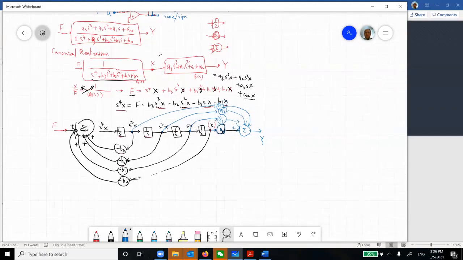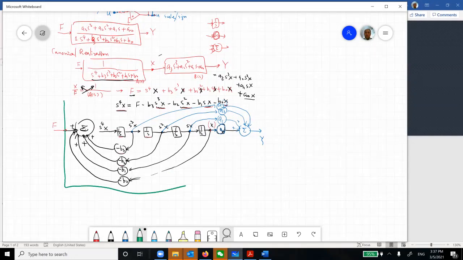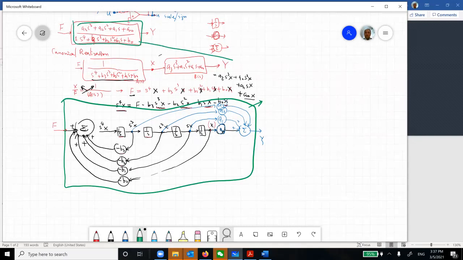Basically, later you can insert all those blocks with Opamp realization. However, if I draw this huge box in here, this box is nothing but this box. So it's called a realization of that transfer function.